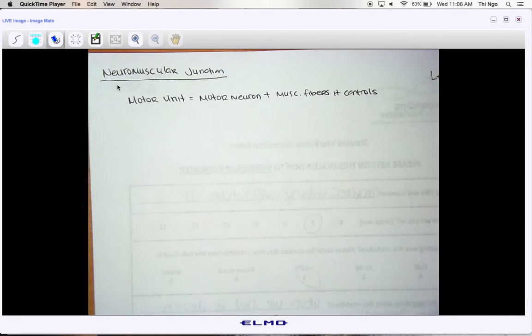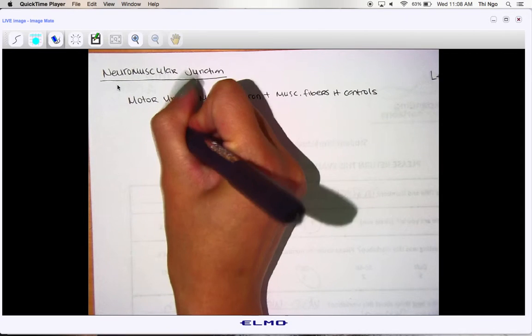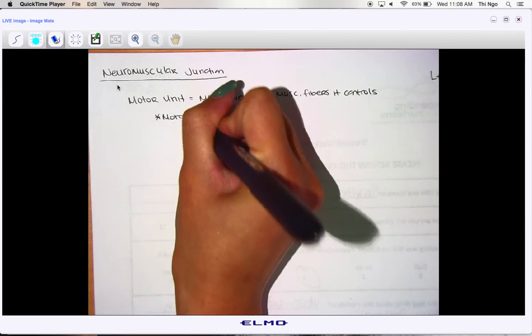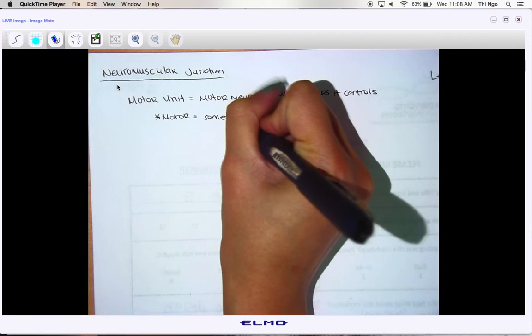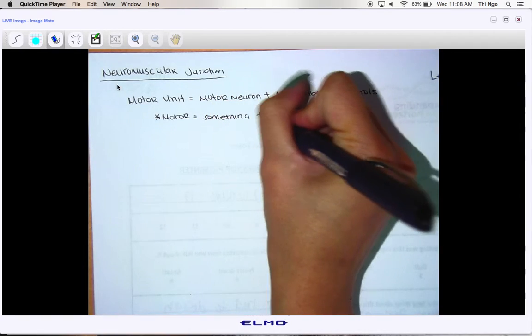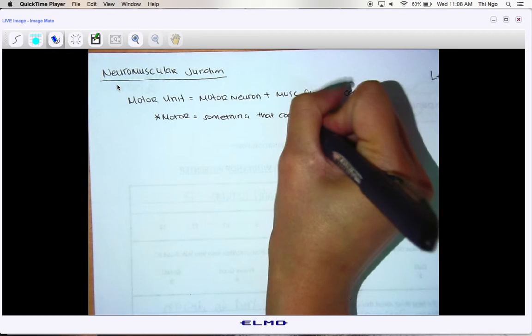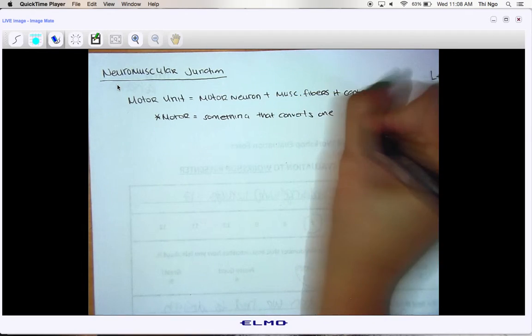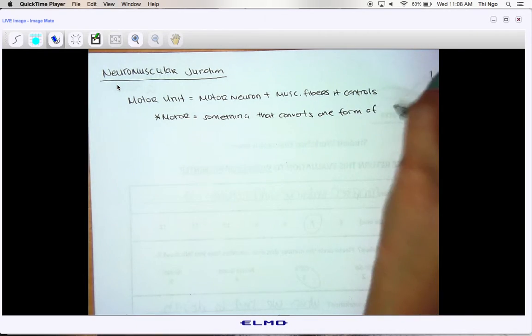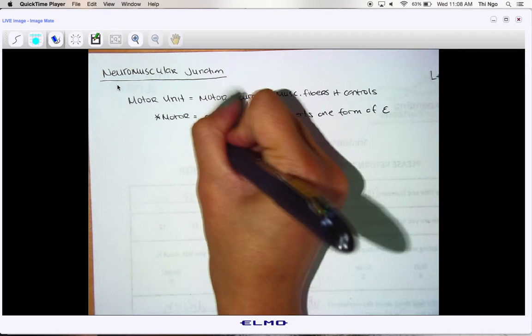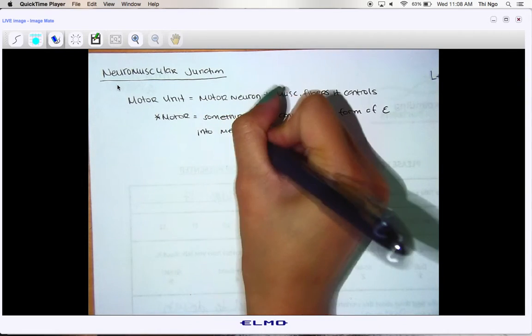What does the word motor even mean? It has to do with movement. So I'm just going to add a little side note about the word motor here. The word motor is actually something that converts one form of energy into mechanical energy.